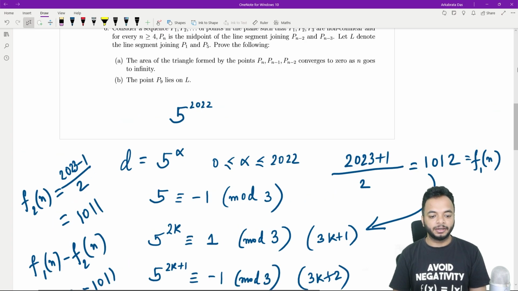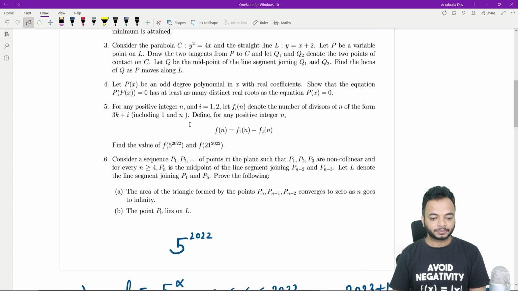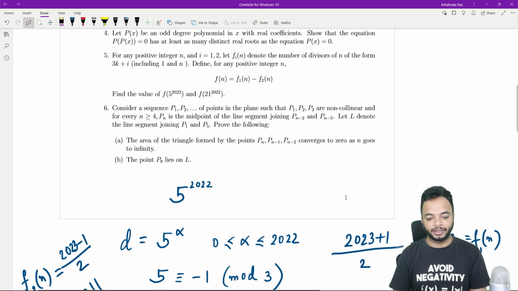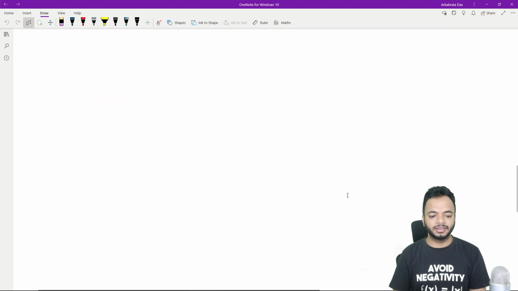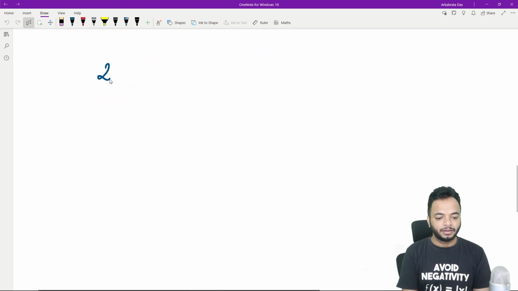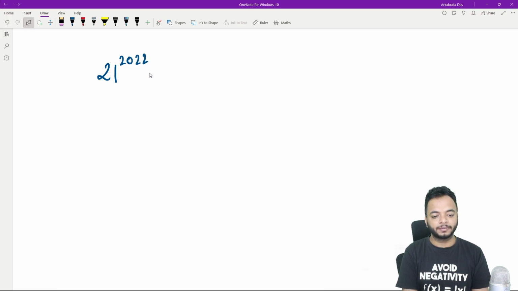For the second part, we have to figure out f of 21 to the power 2022. This was also easy. 21 to the power 2022 is basically 3 to the power 2022 times 7 to the power 2022.